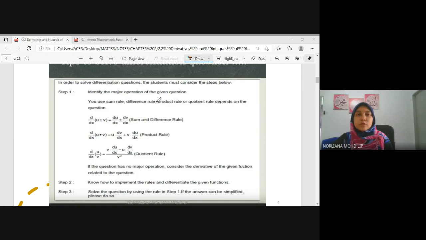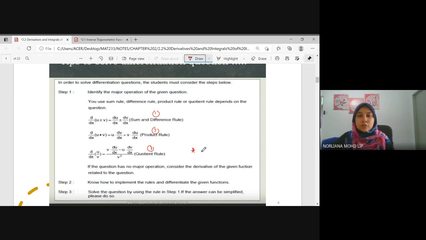For example, you have to apply the sum rule and difference rule. Second, you have to apply the product rule if it involves the multiplication of 2 functions. Third, you have to apply the quotient rule if there is a division of a function u over v. Also, if the question involves a complicated function, you have to apply the ln.